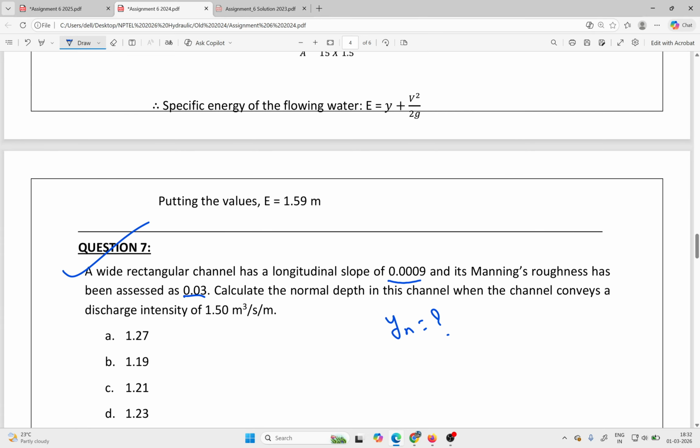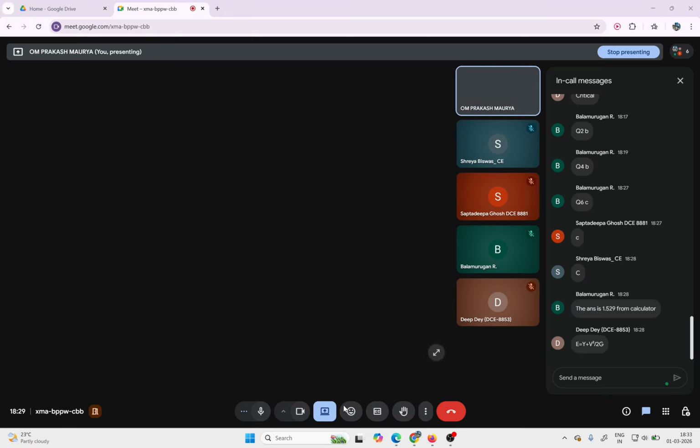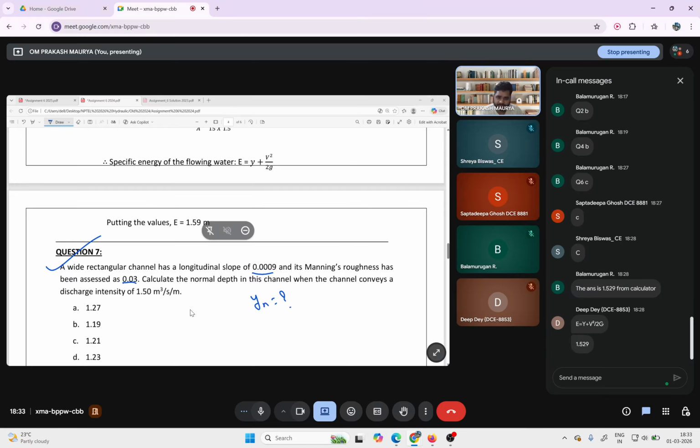I'm waiting 5 minutes for this question because the question needs calculation. So please just try to calculate. Okay, so everyone is telling 1.529, so maybe 1.529 will be the correct calculation. No issue. Let us move on to question number 7. Please just try to calculate question number 7. Normal depth here you need to calculate using the given data.